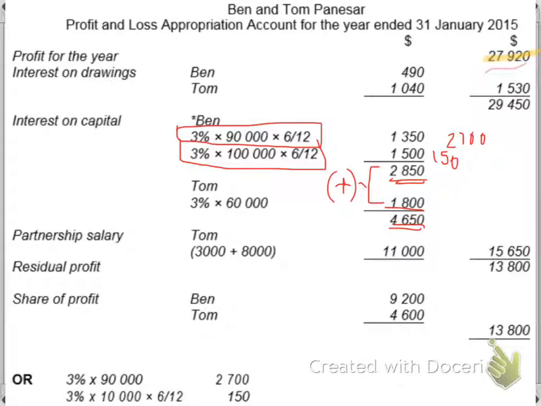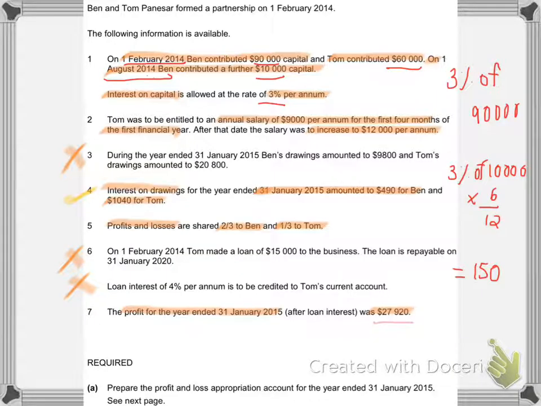Now we also need to find the partnership salary. Here the salary is 9,000 for Tom for the first 4 months, and then after that date the salary increased to 12,000 per year.